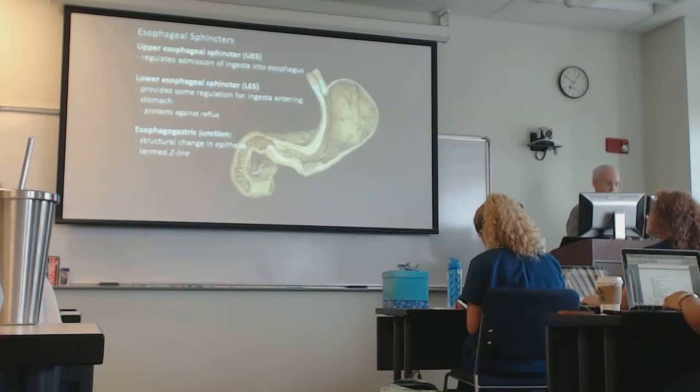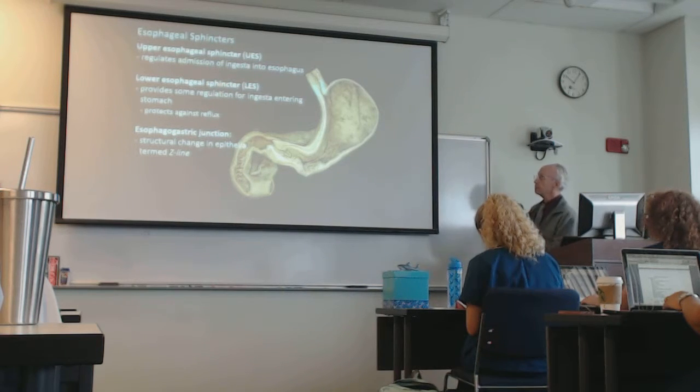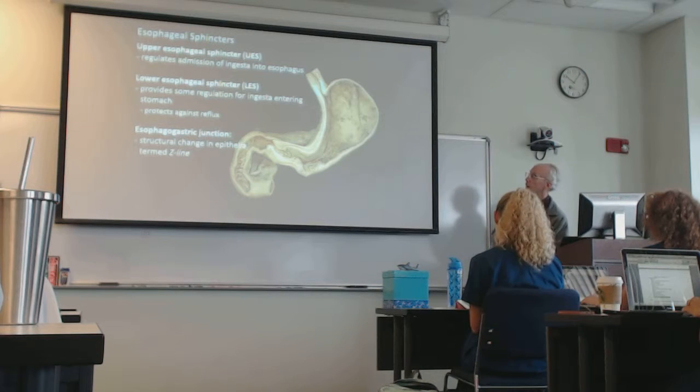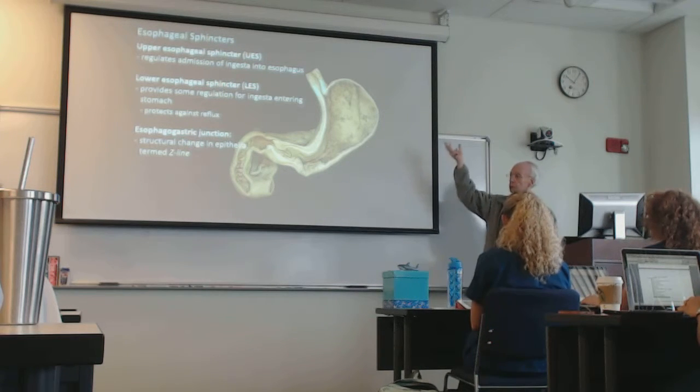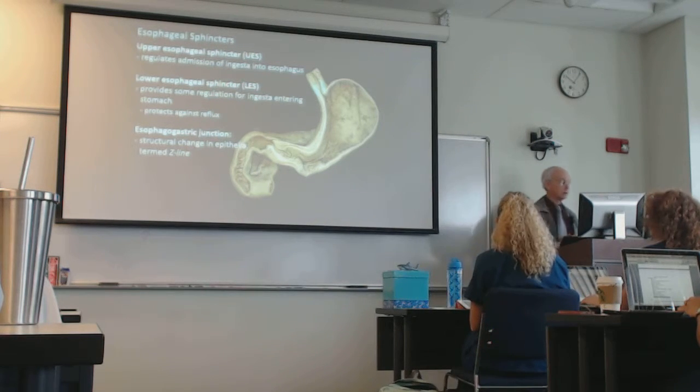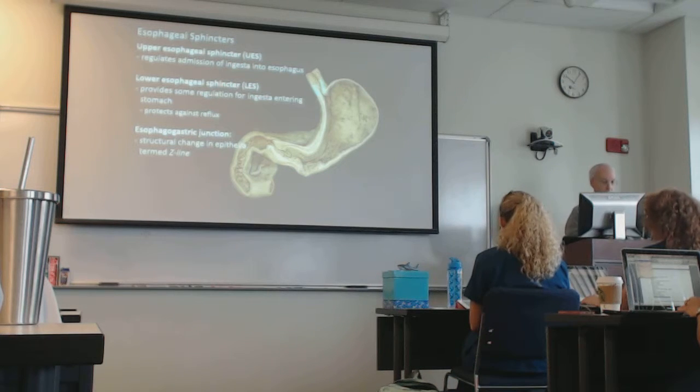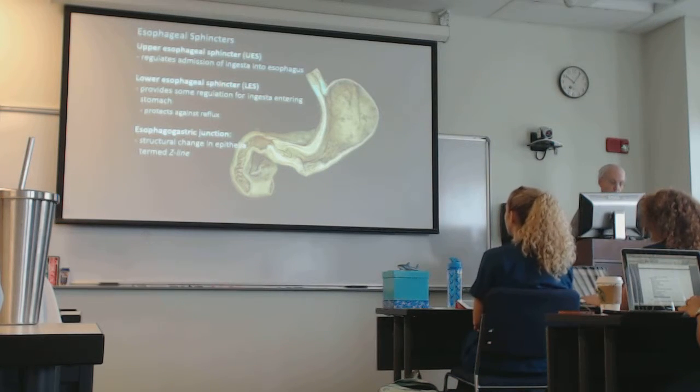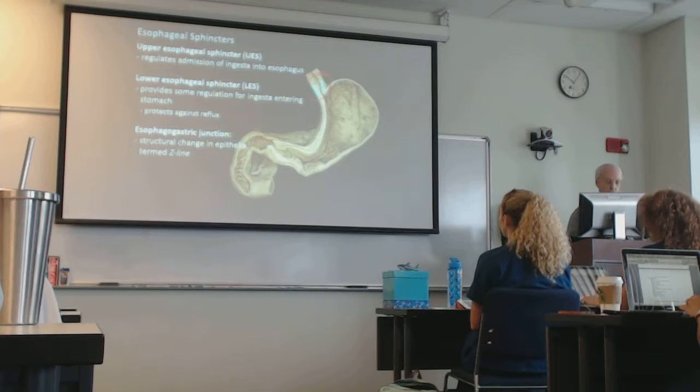But if this sphincter, and of course we've defined what a sphincter is, a valve-like, smooth muscle structure, ceases to function properly, not only does reflux make its way into the esophagus, but that can dramatically change the mucosa of the lower esophagus, in some cases even intermediate regions of the esophagus.